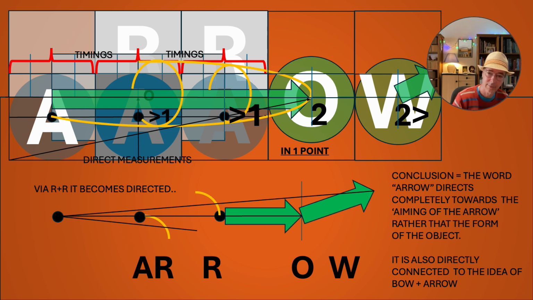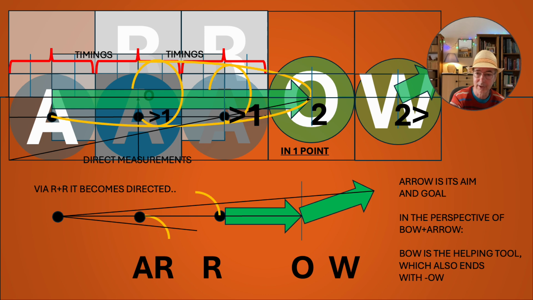Arrow as a physical object is also very connected to the bow, and besides that we also use the arrow in a different context. We have it as a physical object completely connected to the bow plus arrow, and these words are so well connected that they are almost interacting with each other in the same image.